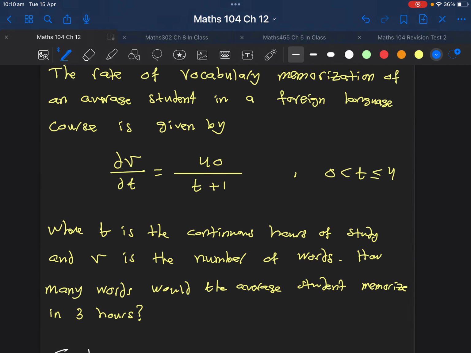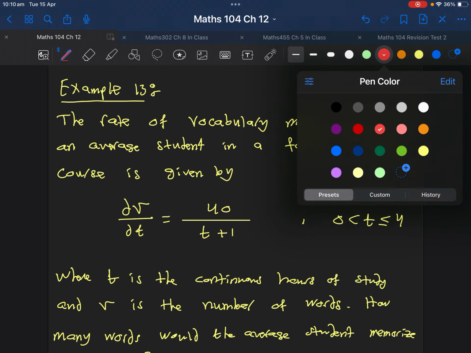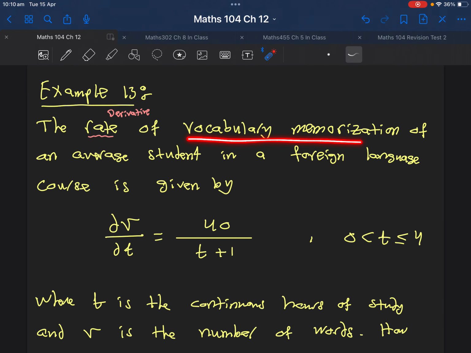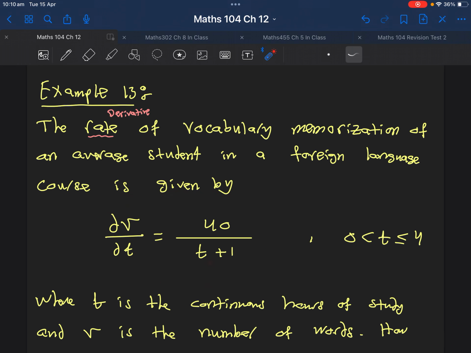Let's go to example 13, which will be the last part here. It says that the rate, remember, once I see the word rate, it comes directly to my mind that I'm talking about a derivative. So he will give me the derivative of vocabulary memorization. If you are learning a new language or a foreign language, you need to memorize some basic vocabulary, and the derivative of how many words you will memorize per hour is given by this formula.